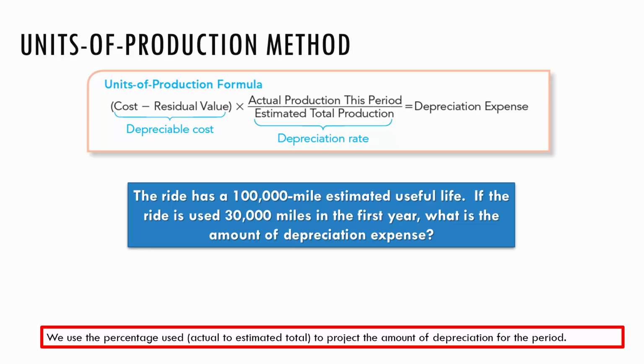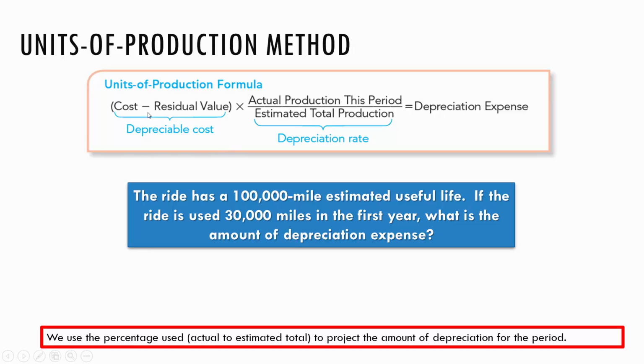That seems more logical. But here they're basing it upon the miles, and so again, 30,000 divided by 100,000 would be 3/10 for your depreciation rate here. This is going to be cost minus residual. Again, it was 62,500 minus 2,500, or 60,000 we want to spread.